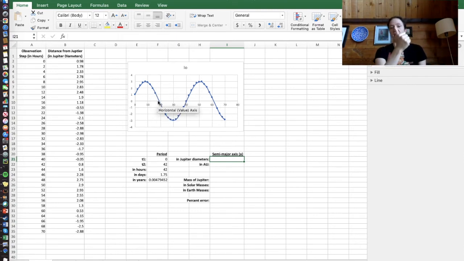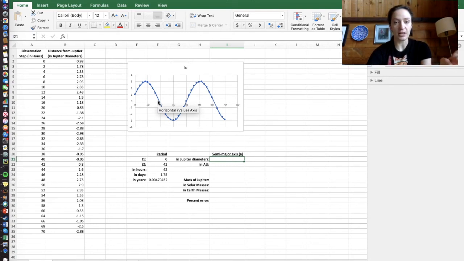So let's say to my right is positive and to my left is negative. Then as it's starting at 0, goes positive, positive, positive, reaches its maximum, comes back around, goes back down, reaches 0 again, goes past 0, back down to negative, negative, negative, reaches its minimum, and then comes back around and does that again, right? So that's what we're graphing.